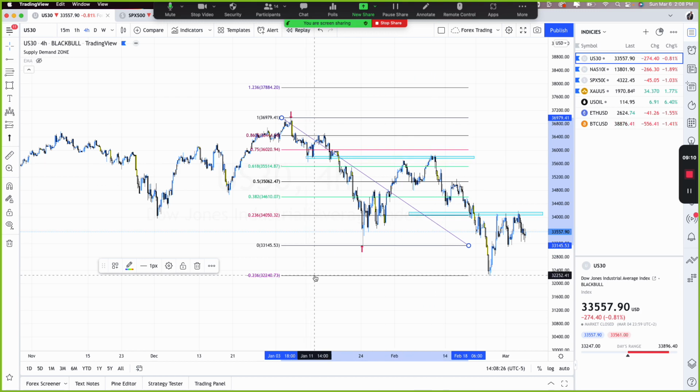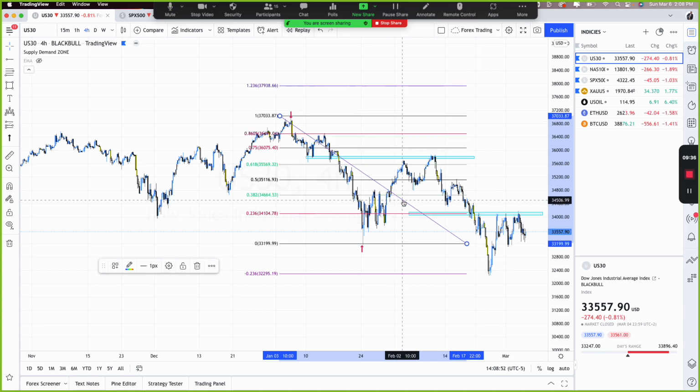It swung down another 23, 24%. See this right here? It pulled back to around 70%, 65, 70%. Then swung down beyond the 1 to the 23.6.